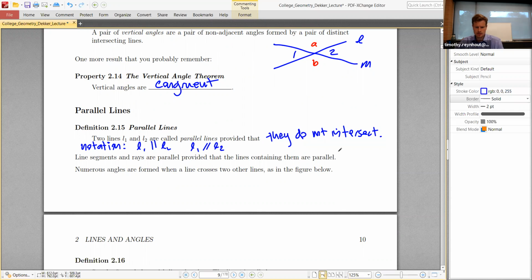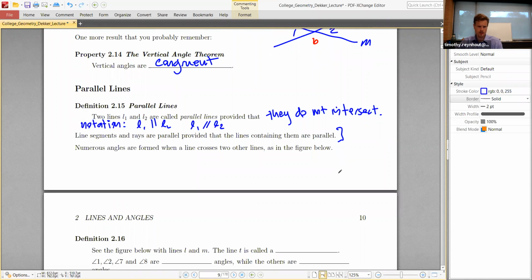We can handle rays by just considering the lines that the ray or line segment lies within. Two rays or two segments are parallel if the lines that they lie within are parallel themselves. Excellent.